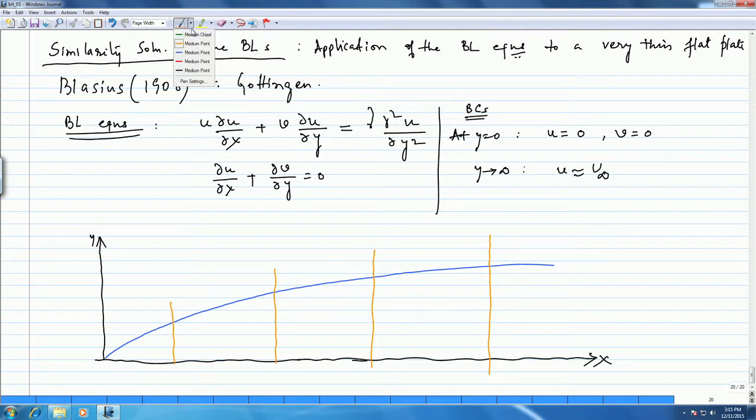Okay, and I'm also going to draw the velocity profile. Right?